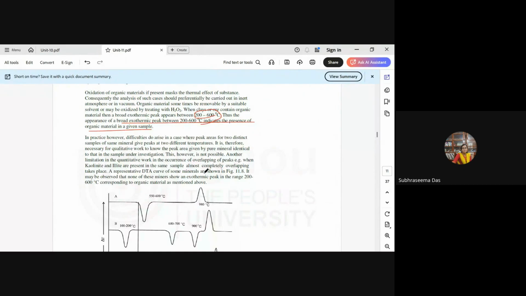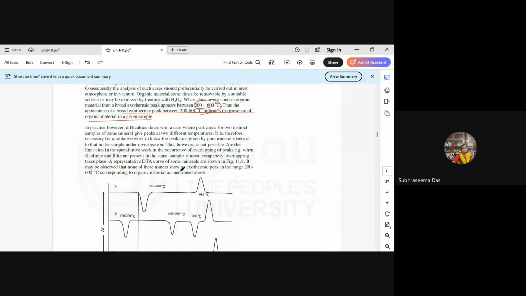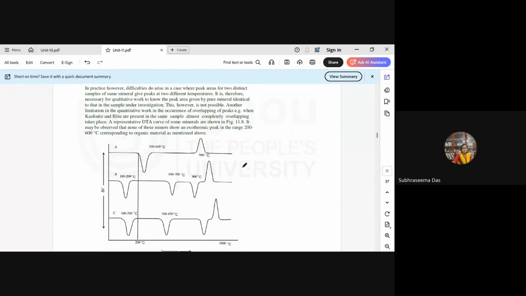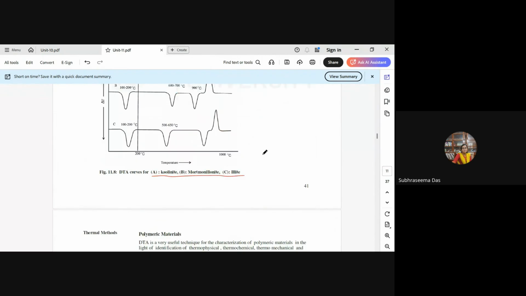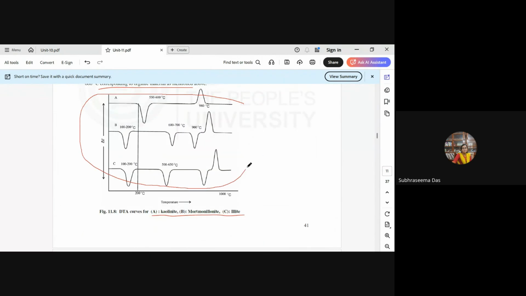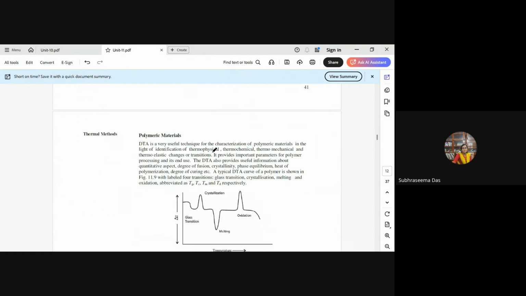If we look at the representative DTA curves shown here, it may be observed that none of these shows an exothermic peak in the range of 200 to 600 degrees centigrade, as we have talked about. So this is how DTA curves help in the identification of different types of clays.